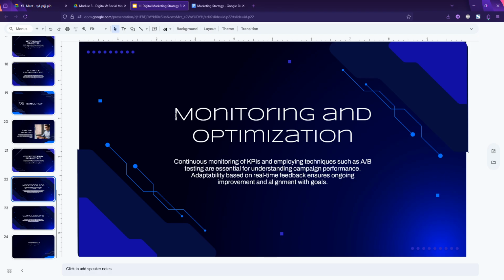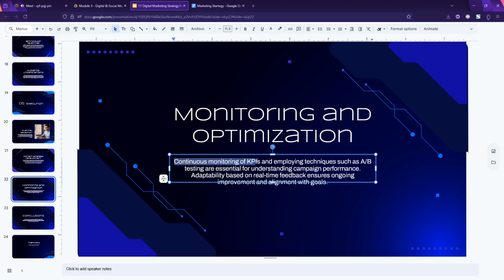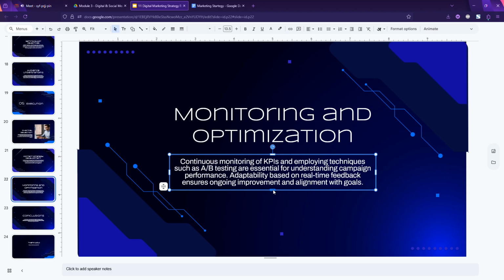And then there's monitoring and optimization, which is continuous monitoring of KPIs, key performance indicators. We did it in the previous classes as well. So KPIs can be reach, impressions, likes, comments, things like that. Continuous monitoring of KPIs and employing techniques such as A/B testing are essential for understanding campaign performance.